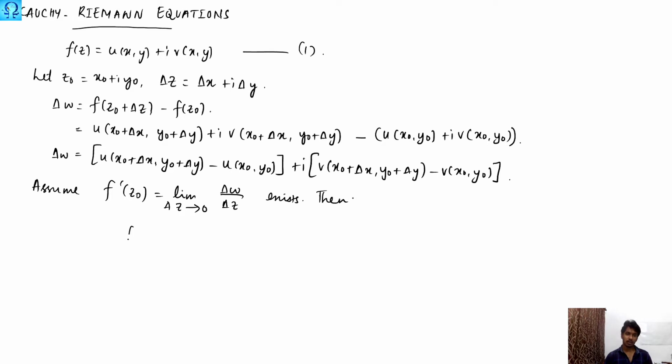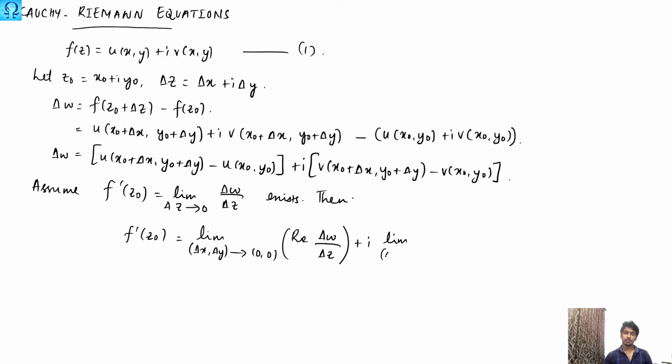Then we shall write f prime evaluated at z naught as the limit as delta x, delta y approaches 0, 0 of the real part of delta w upon delta z, plus iota times the limit as delta x comma delta y approaches 0, 0 of the imaginary part of delta w upon delta z.